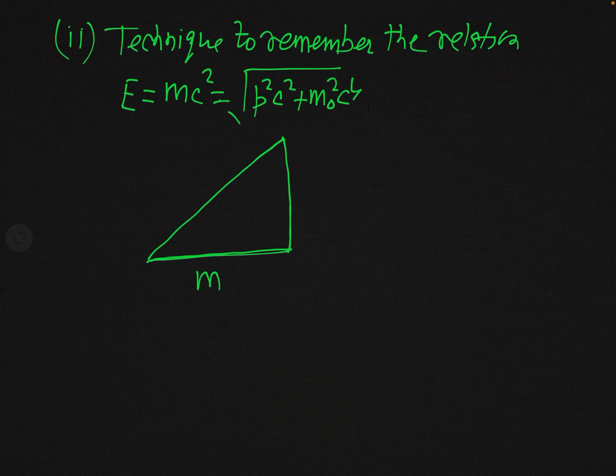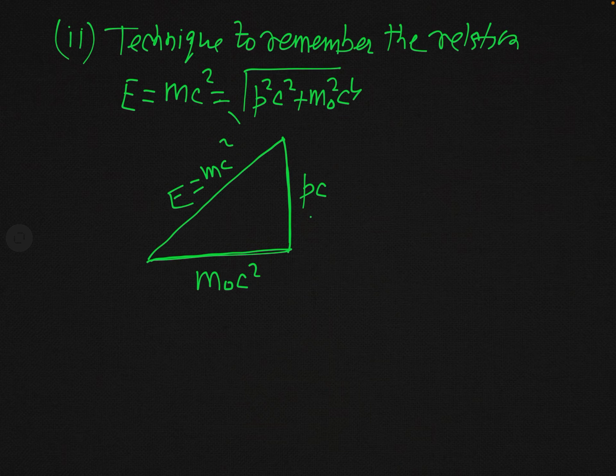In fact, let us draw a right angle triangle and take the base of this triangle equal to the rest mass energy m naught c square, and the perpendicular of this right angle triangle equal to PC. Then you can see this p square c square plus m naught c square whole square, the square root of that will be simply equal to this E, and E is actually equal to mc square, as you know.